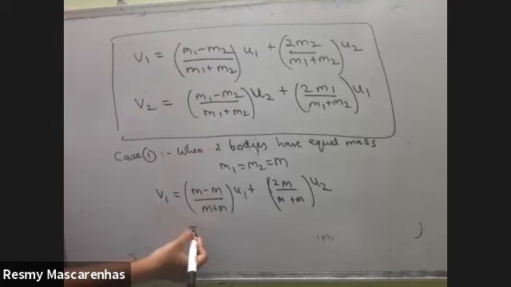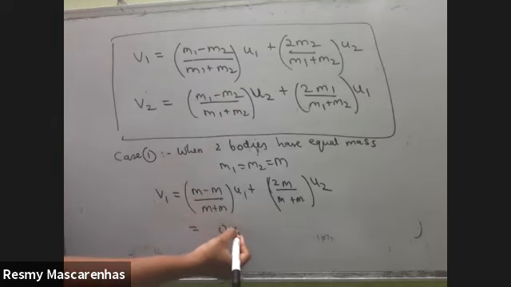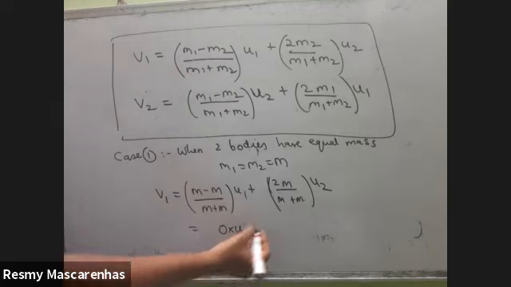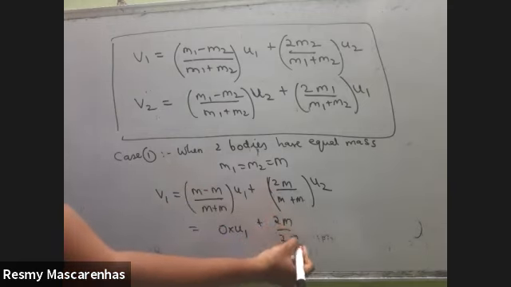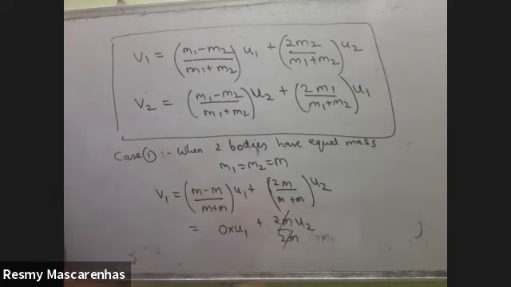So this will become 0, M minus M, and this will be 2M upon again 2M. So the velocity of the second body will come to the first one. So V1 will be equal to U2.